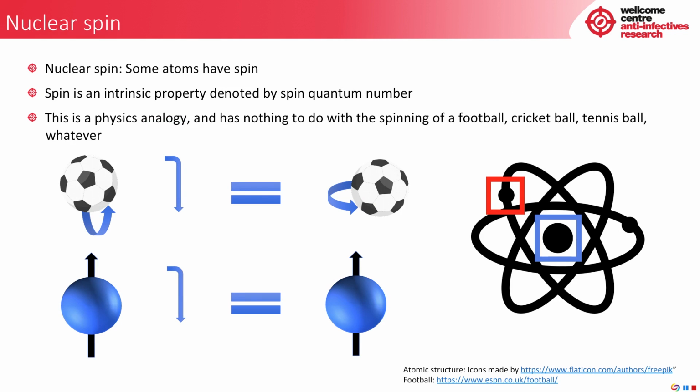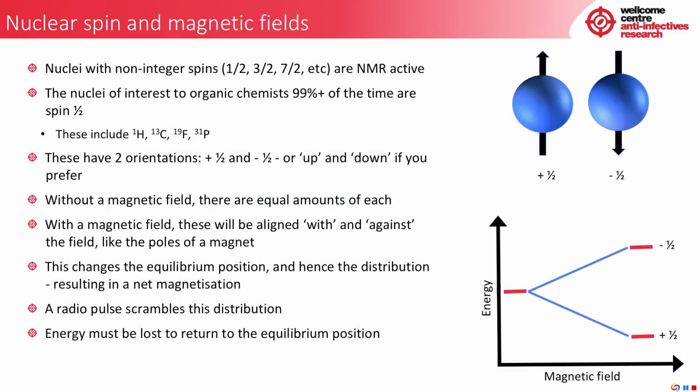Before we move on, I just want to point out that organic chemists usually talk about electrons. And although they are relevant to this topic, we're going to be focusing today, at least at the start, on the nuclei. So nuclei with non-integer spins, a half, 3/2, 7/2, are NMR active.